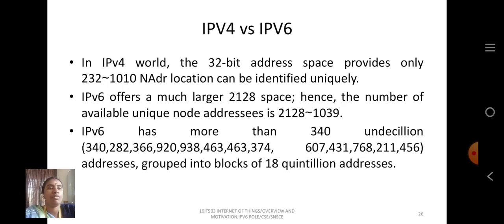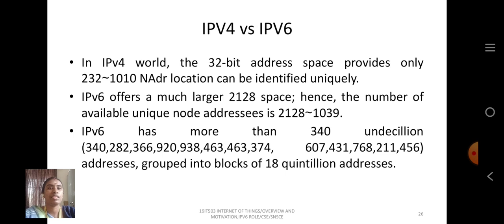And that is IPv4 versus IPv6, Internet Protocol version 4 versus Internet Protocol version 6. In the IPv4 world, the 32-bit address space provides only 2^32, approximately 10^10, unique network address locations that can be identified uniquely.